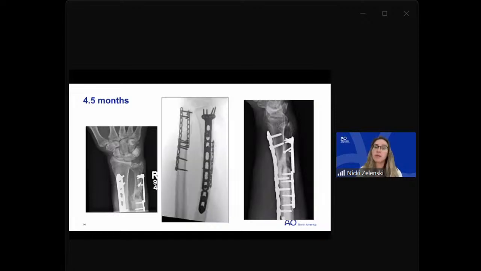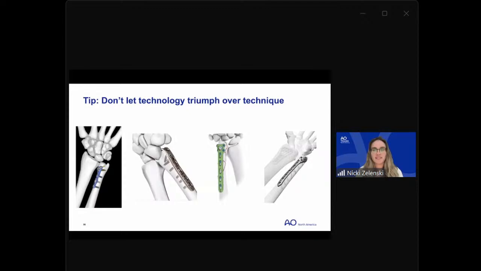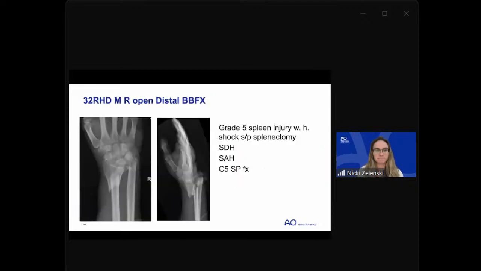I think probably a better option for him would have been something like this, where I did a 90-90 plate construct in order to have a little bit more security in that distal ulna. So my tip that I learned from this case is don't let technology triumph over technique. There are a bunch of plates that are meant to go on the distal ulna. They're all relatively small, and even that TMT plate was not strong enough for my guy.